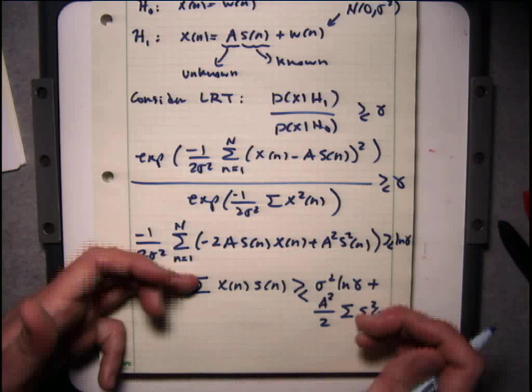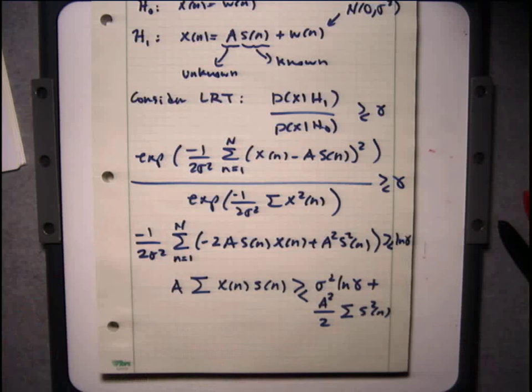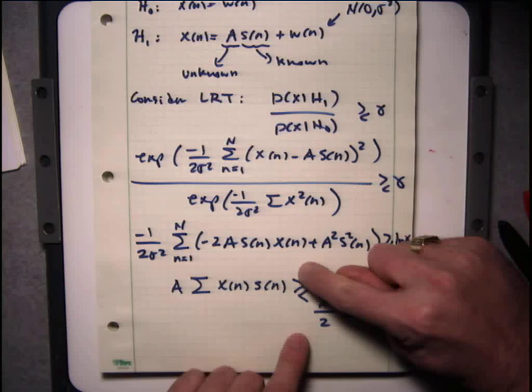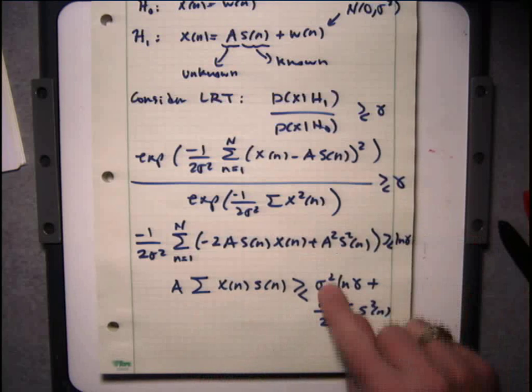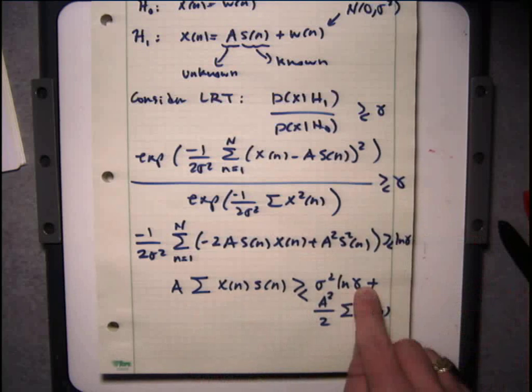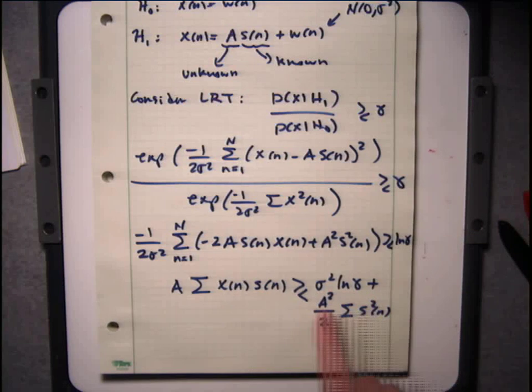If I want to simplify this one more step, I have to be careful. The reason is I have also intentionally not written down H1 and H0 here. Everything on the right-hand side, I know the signs. I can fix what gamma is; that's my choice, so I know the sign of that. Sigma squared is positive, A squared is positive, and the sum of s squared is positive. What I don't know is the sign of A.